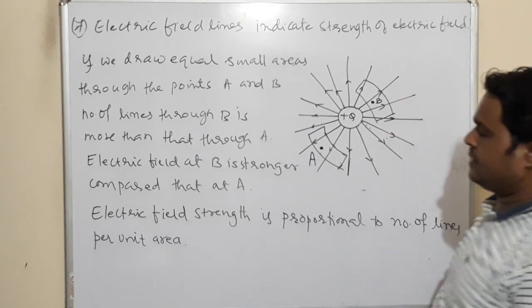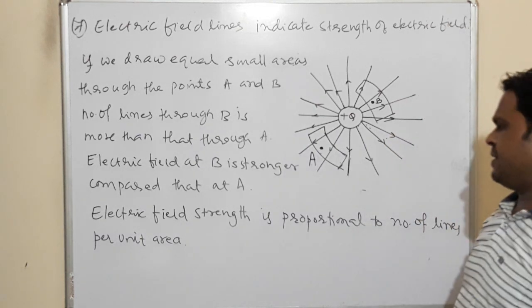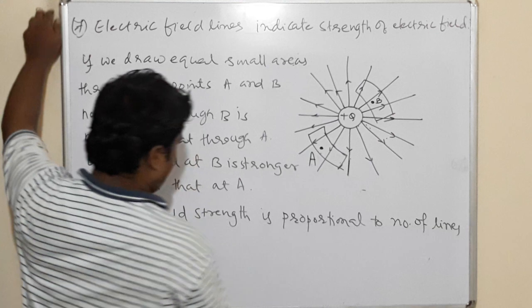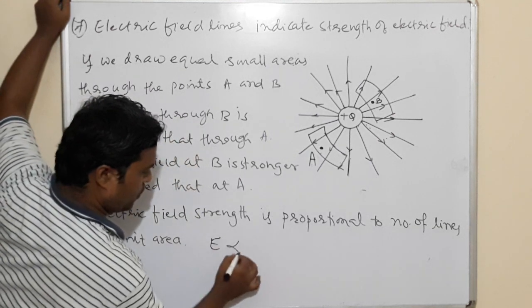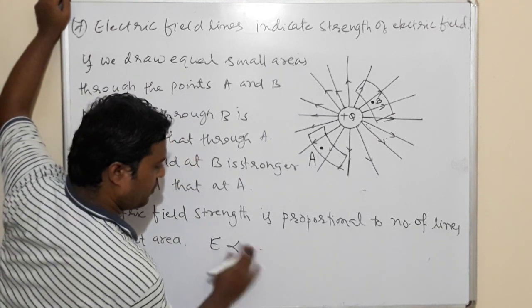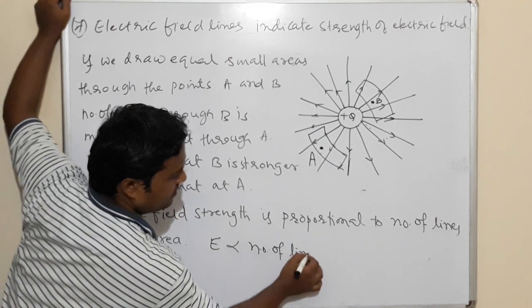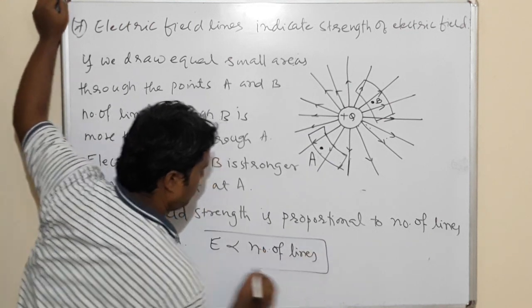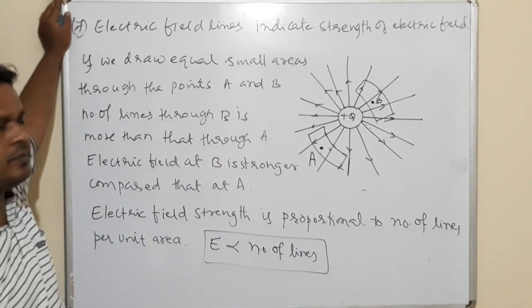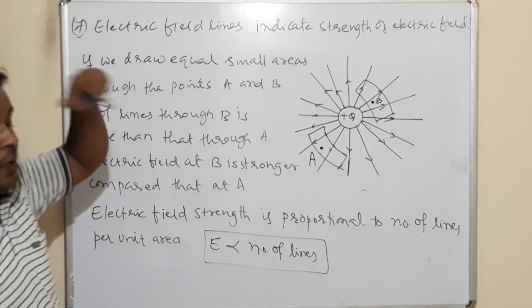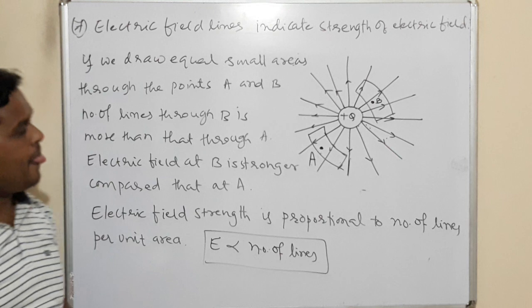We indicate the strength. It means the strength of the electric field is directly proportional to the number of lines. Okay? Right now, this is property number 7.